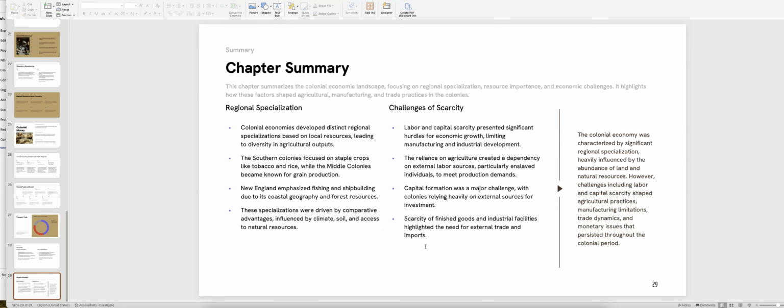So what do we see here? I guess we'll just do the summary here. The limitations on capital, the limitations on the financial system, the limitations on labor, the abundance of land is all shaping the economic development in these colonies. And again, closing comment here, think of the colonies as three countries: Southern, Middle, and Northern.